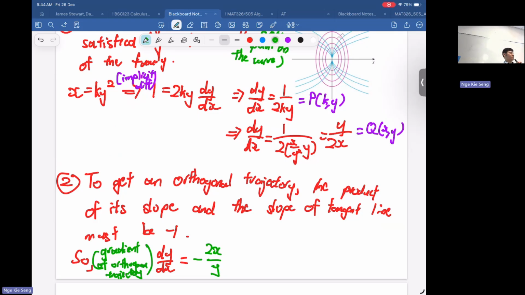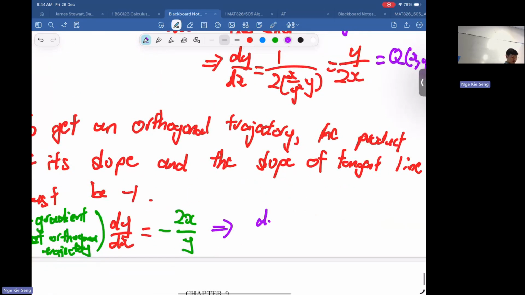So then you can get the gradient at every point on your orthogonal trajectory. Then what do you do next? How do you solve for y? We will use a separable equation.